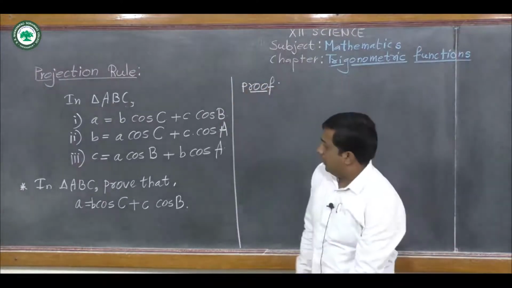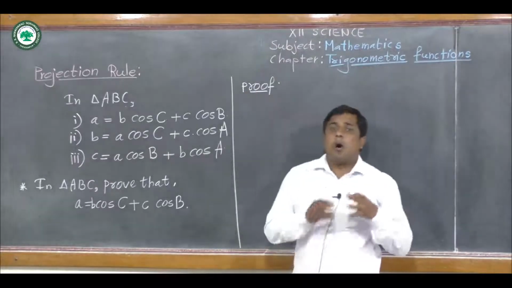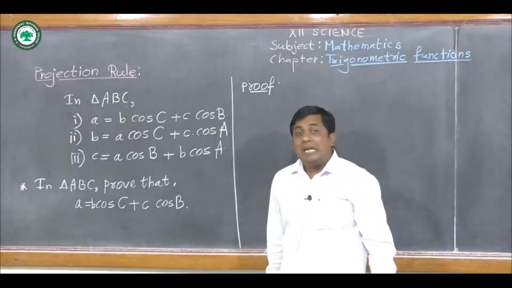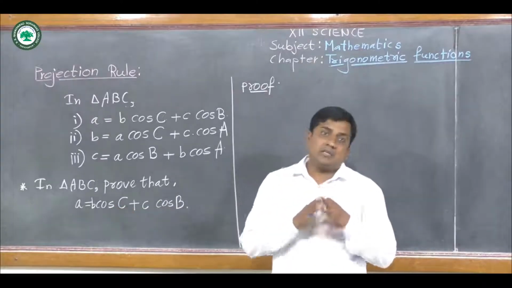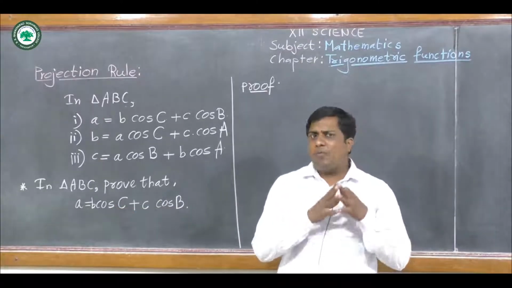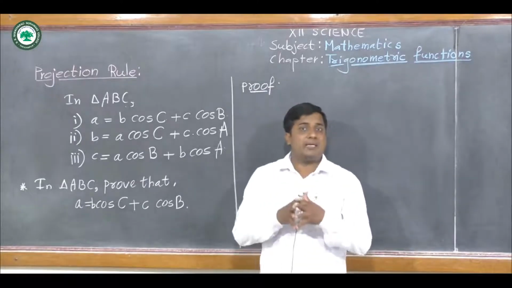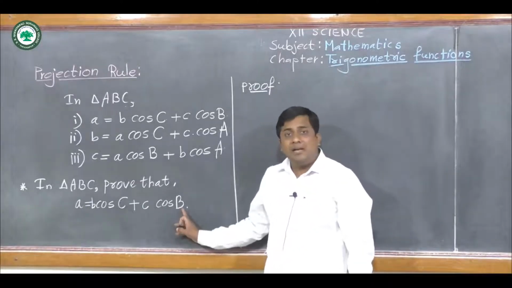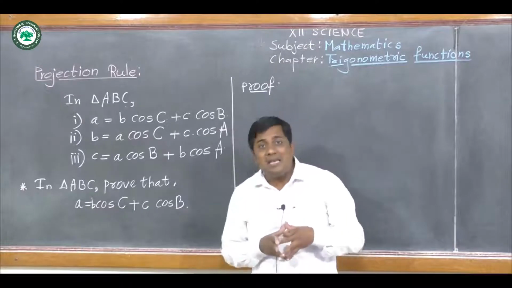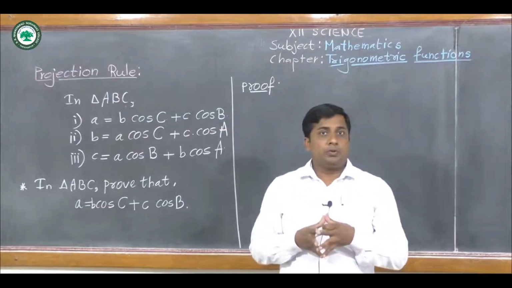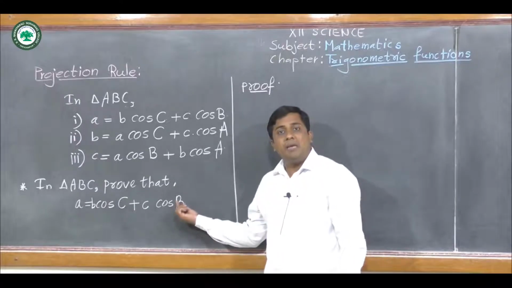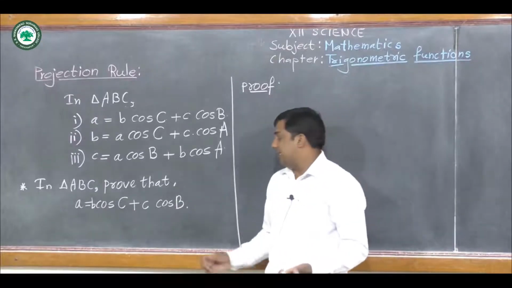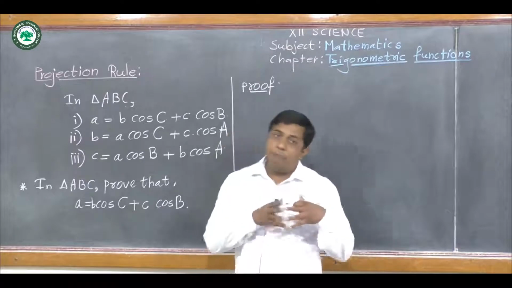Here we consider all the possible cases related to angle B and angle C. We have to consider various cases. In the first case, we consider angle B and angle C are acute. For the next case, we consider angle B is obtuse and angle C is obtuse.